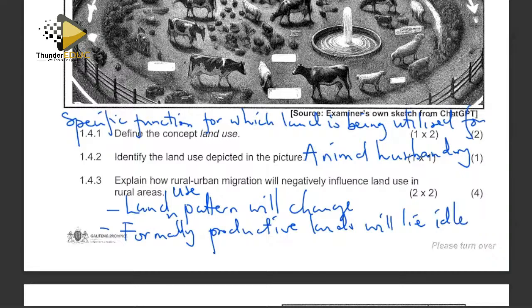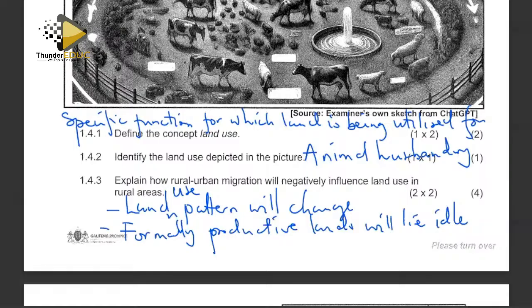Some formerly productive lands, because now there are no longer people to do farming, will lie idle. And that is going to impact on the land use in the rural areas.